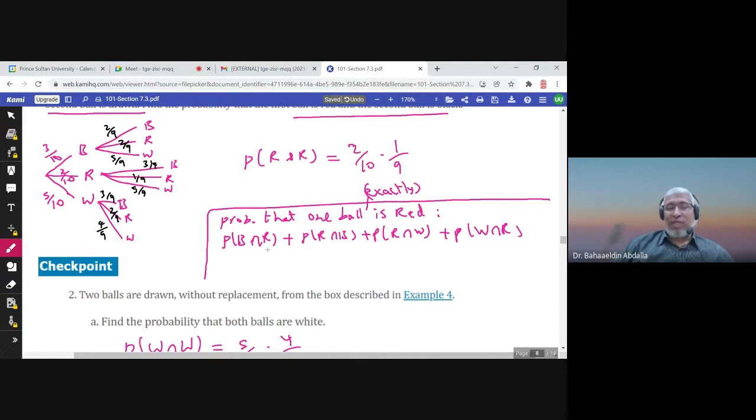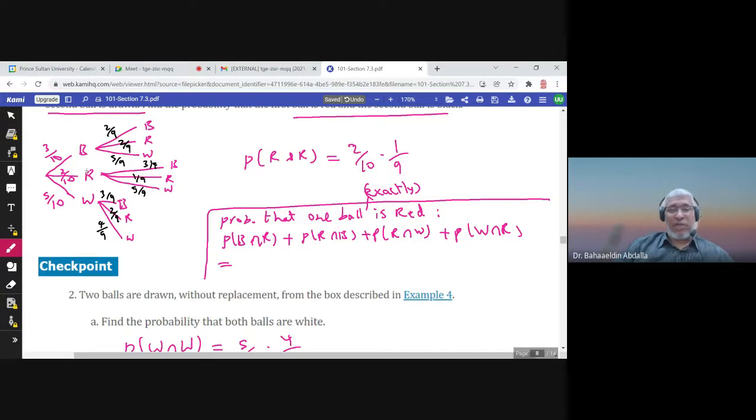The second ball is red and the first is black, or the first is white. The first is red and the second is black, or the second is white, if we need exactly one. And I add all of these probabilities.